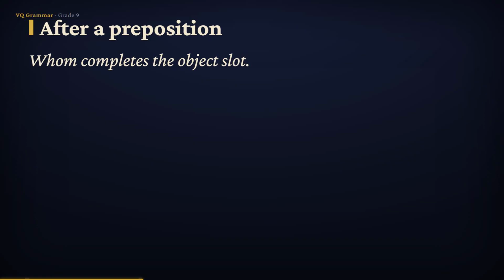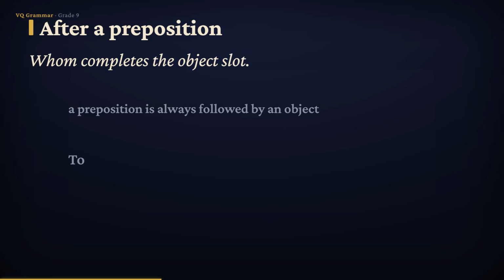There's one more place whom loves to appear, right after a preposition. A preposition, a word like to, for, with, or from, always needs an object to complete it, and an object calls for whom. Watch this build.